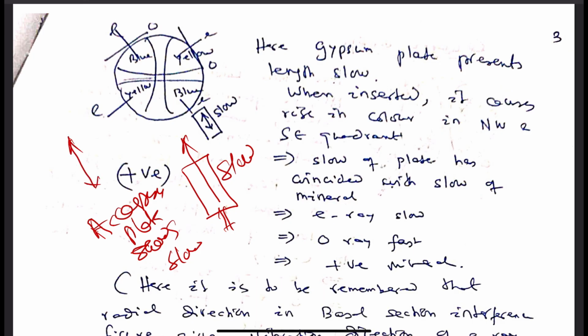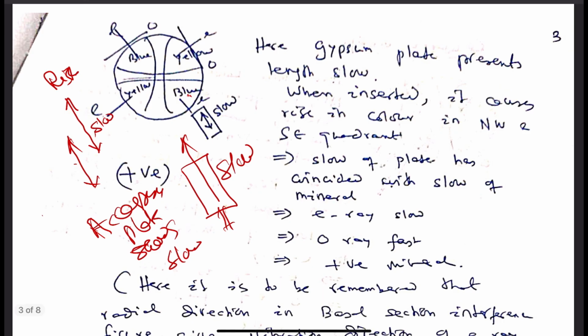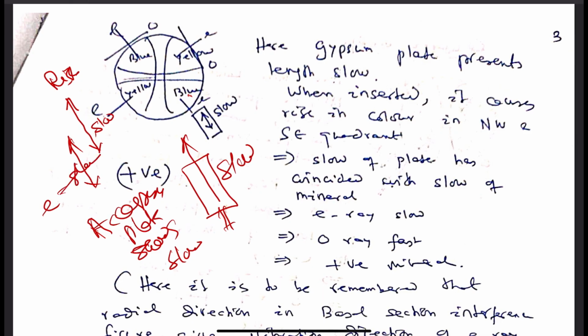This is the slow ray of the accessory plate. And here there has been increase in color. So E ray must have to be slow. So there will be rise. So E is slow. That means O is fast. So it will give rise to positive mineral.